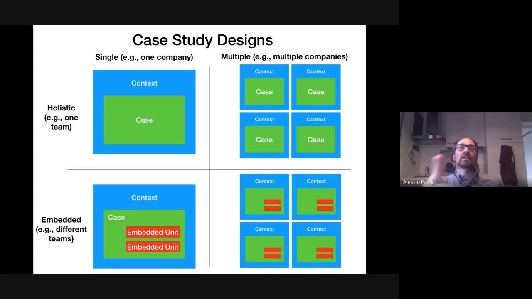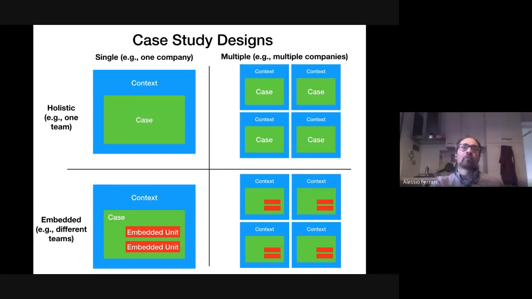Here, of course, the comparison and the dimensions grow a lot. And of course, you do a multiple case study when you have the availability of different companies that have similar needs. But of course, it's much more difficult to carry out, and you normally do it after you've done a single case study in more than one company.